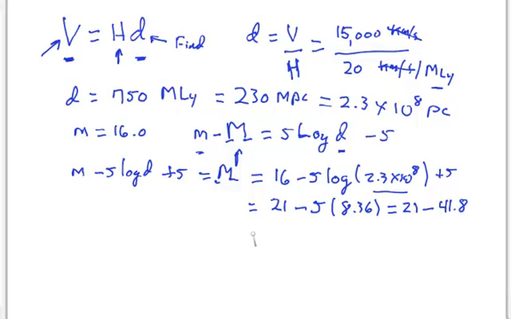So if you subtract those two numbers, that tells you that the absolute magnitude is minus 20.8. I'm sorry, this is the absolute magnitude. Pretty close to the absolute magnitude of our own Milky Way galaxy.